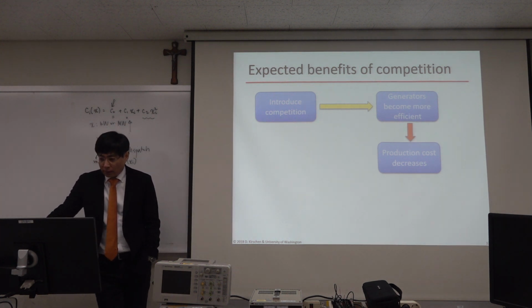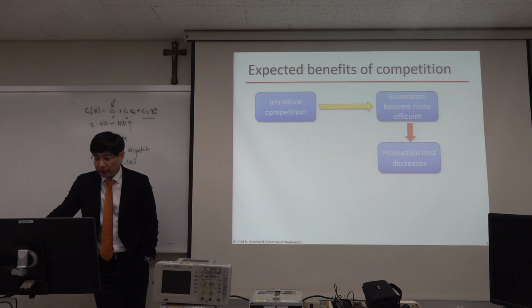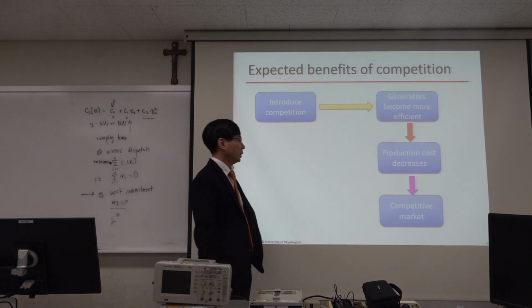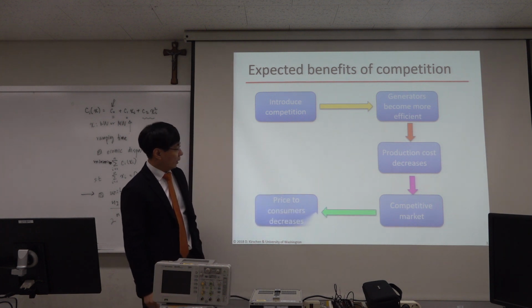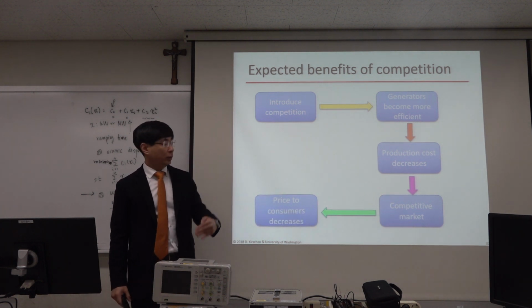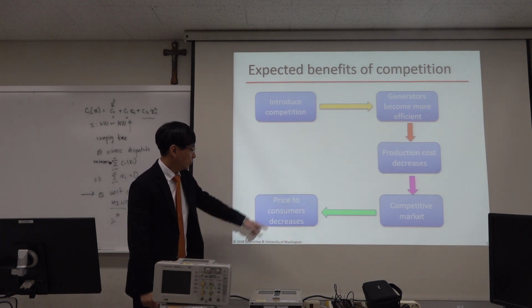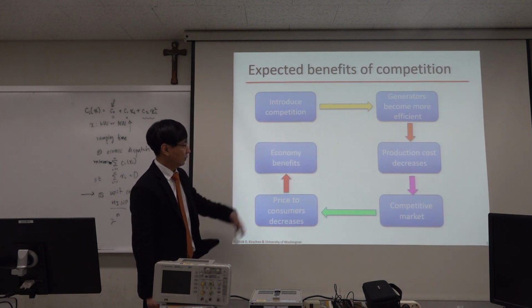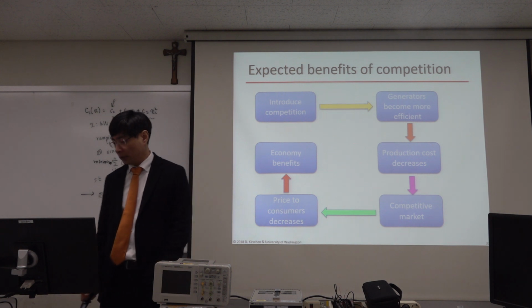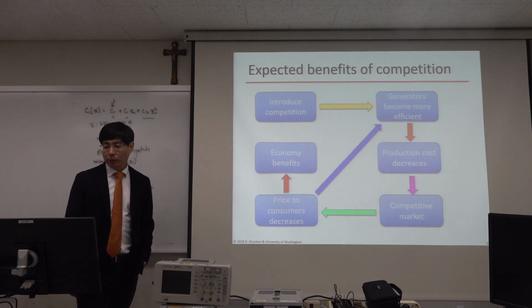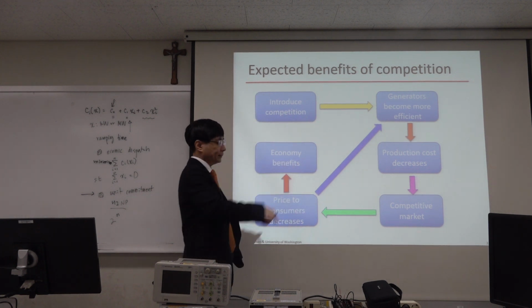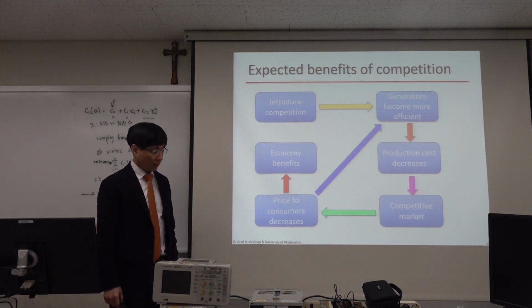And so the production cost decreases, and they go to a competitive market, and the price can decrease, and the price to consumers decreases, and we can expect economic benefits, and also generators need to become more efficient, and this is a positive feedback.